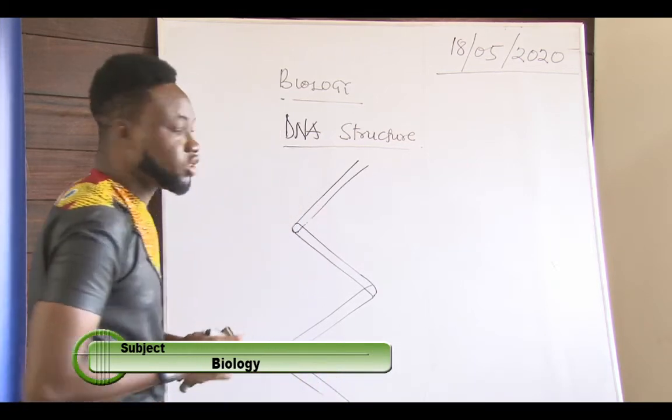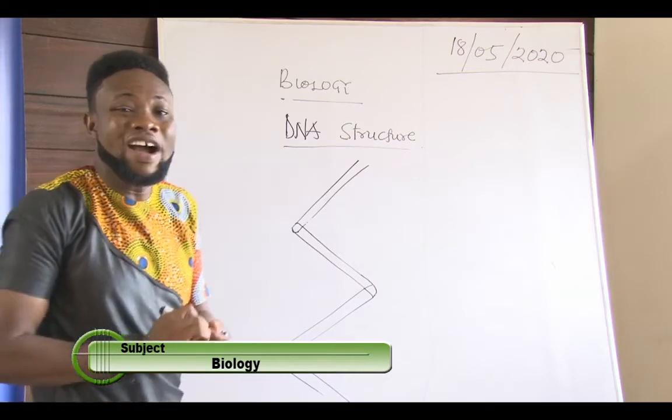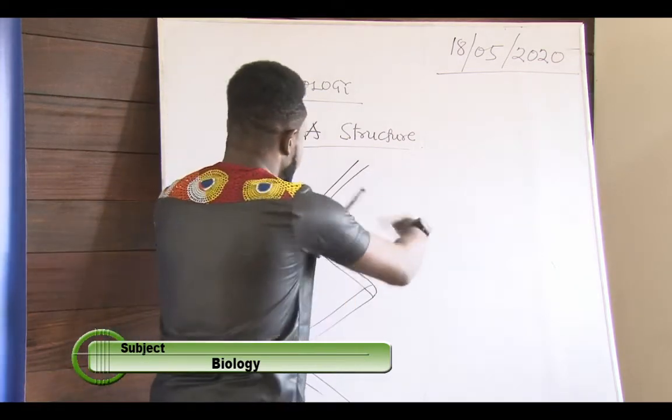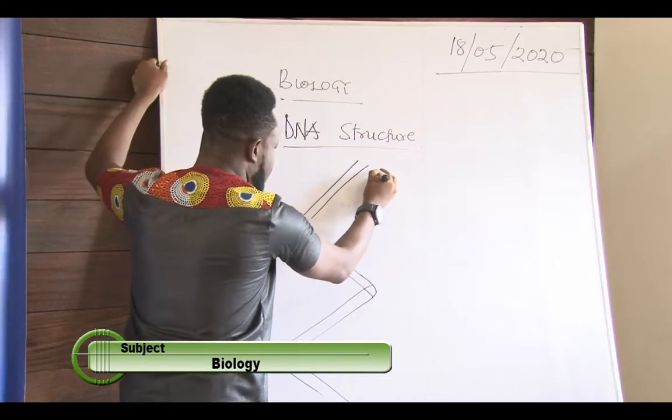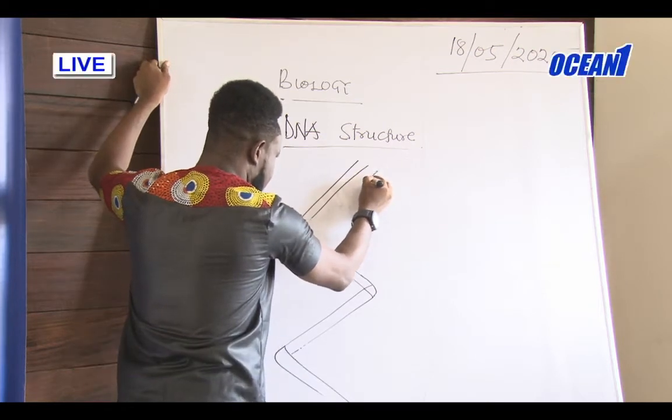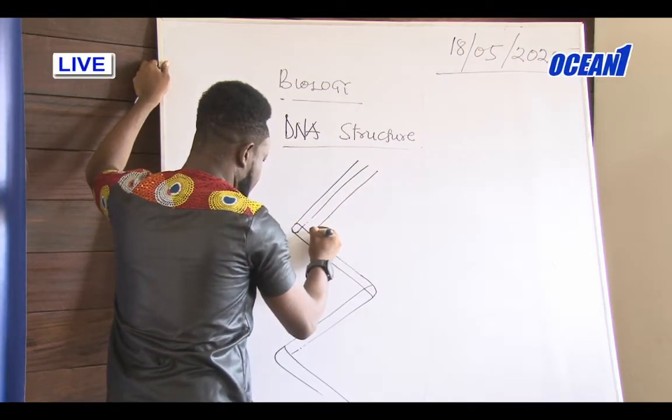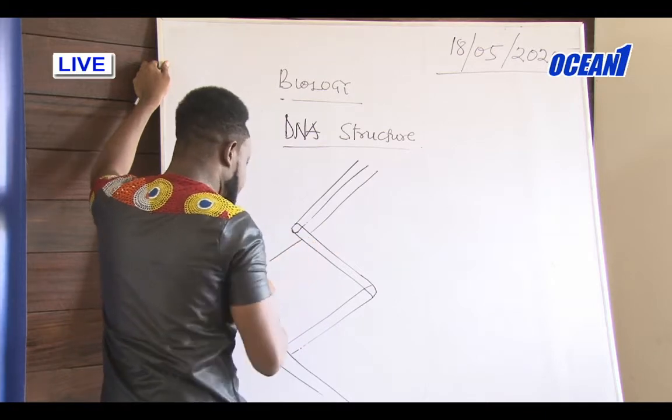What you are doing is trying to draw the double helix strand of the DNA. Then there is another strand coming here like this. This is beneath this strand, so you can't see it.